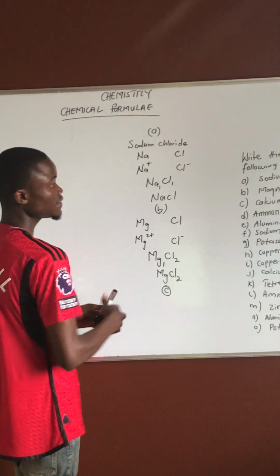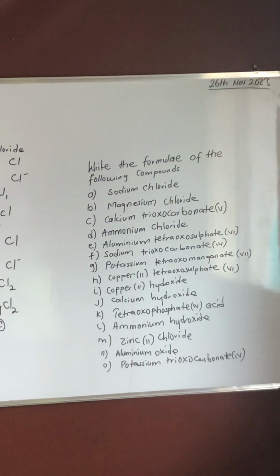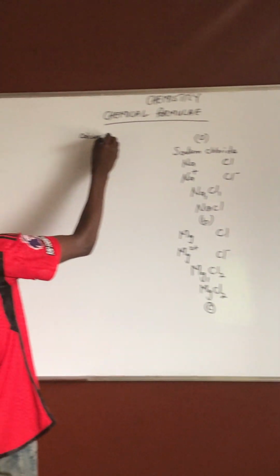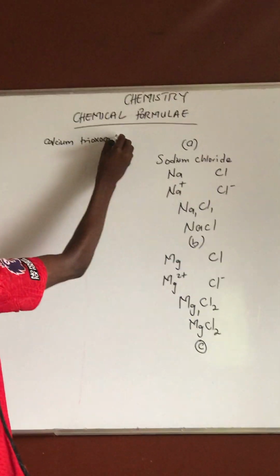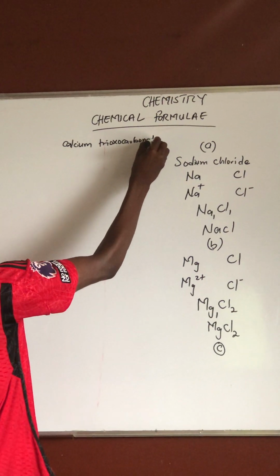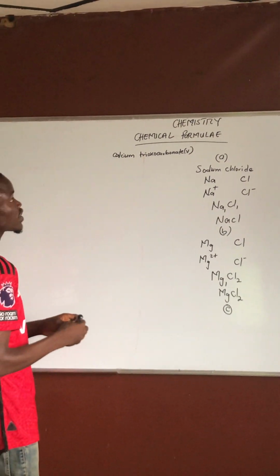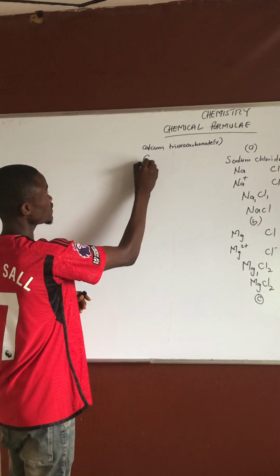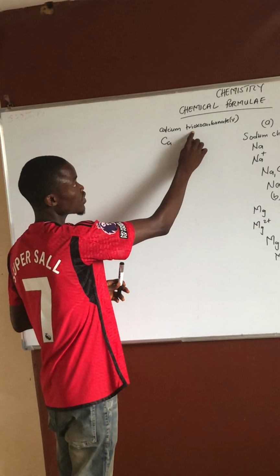Then we go for C. C says calcium trioxocarbonate(IV). Mind you, the symbol for calcium is Ca. How should we write this trioxocarbonate?